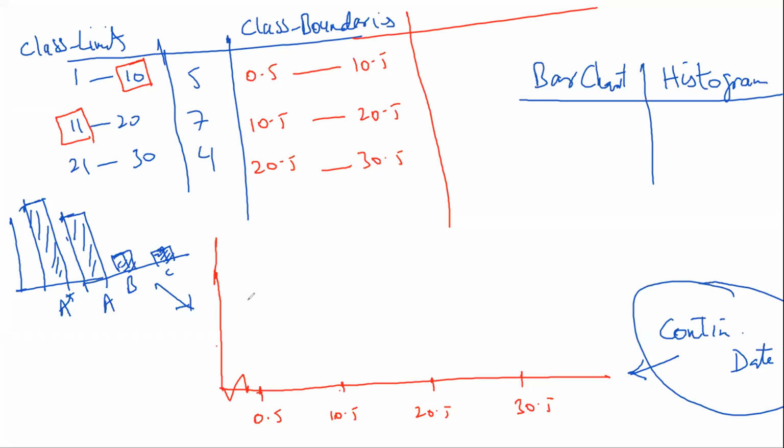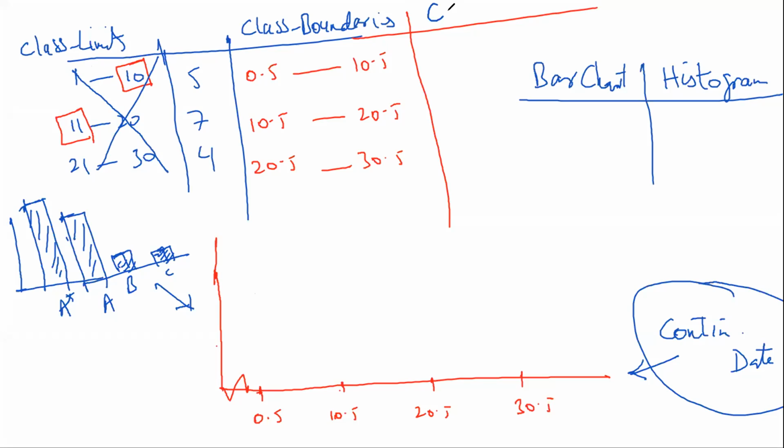Yeah, exactly. The fate of this vertical axis is determined by the class widths. If you have all the same class widths, you can take frequency. Look at this case: what is a class width? When you have constructed the class boundaries, then you don't need to use the class limits anymore.